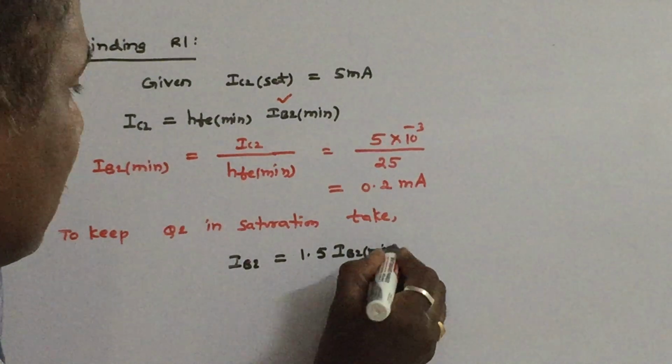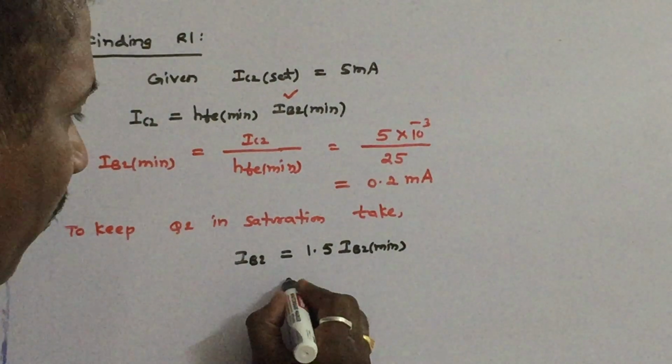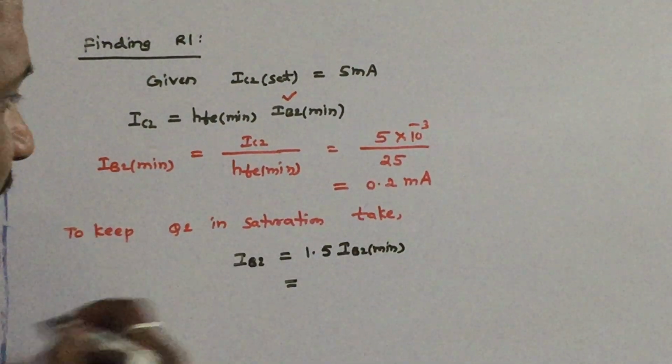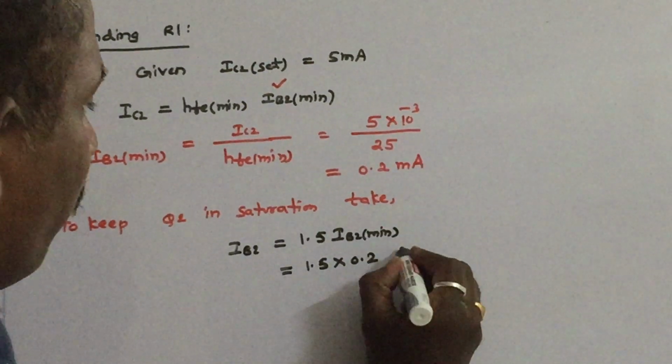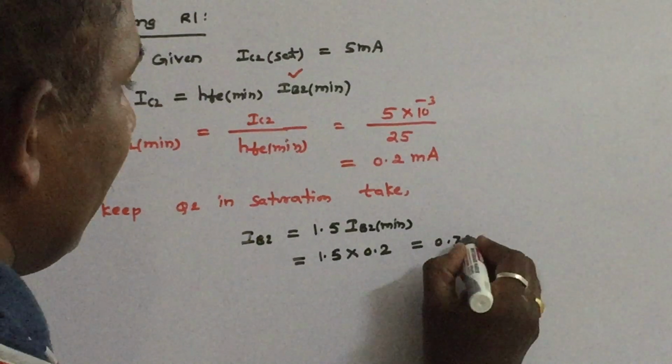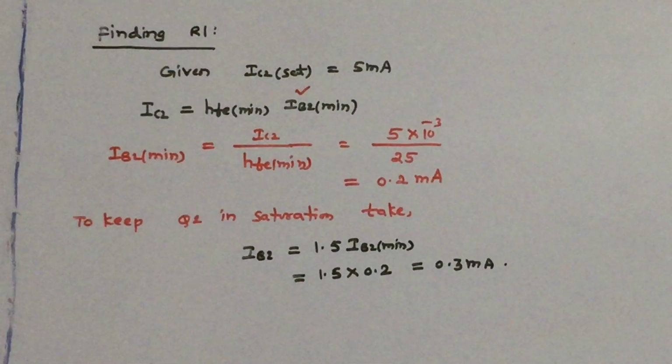Sometimes this condition is given in the problem; if it is not given, you have to take this condition. So 1.5 into 0.2 comes out as 0.3 milliamperes.